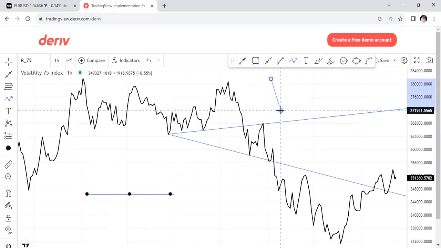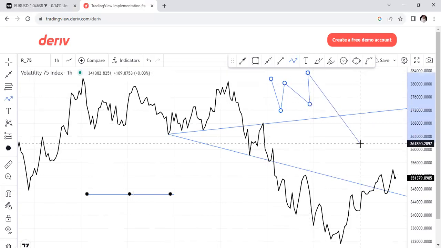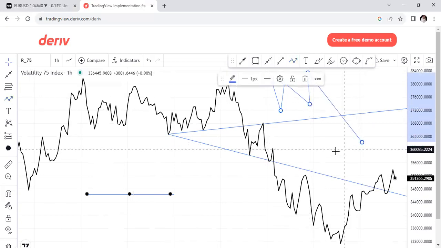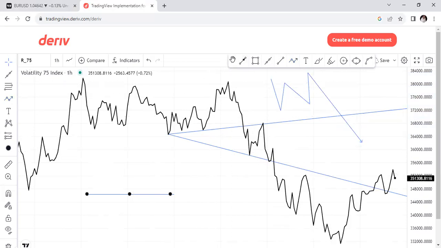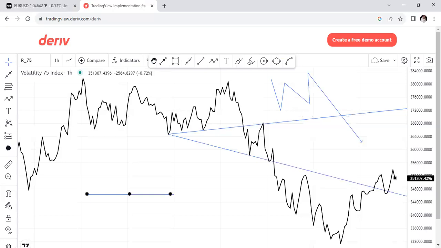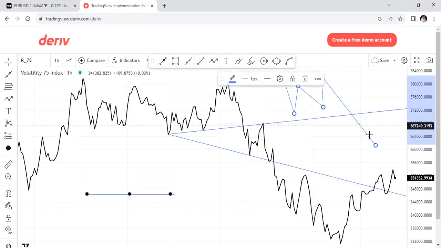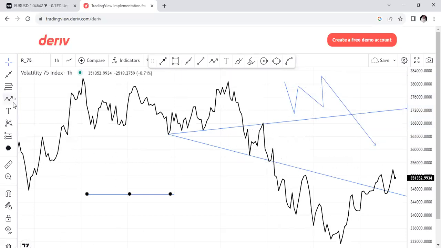Breakouts. So later we are looking for price to do what?